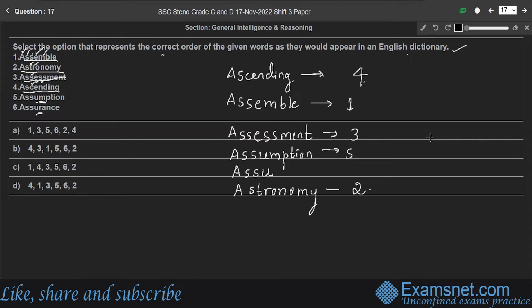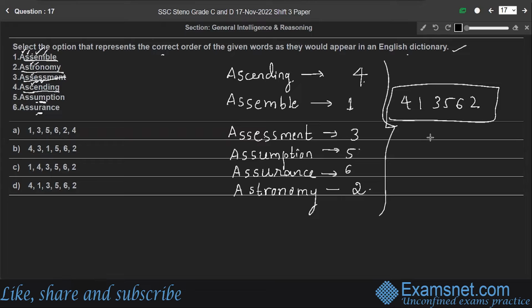So assumption is the fifth one and assurance is the sixth one. Therefore, their order is 4, 1, 3, 5, 6, 2, as they would appear in an English dictionary. Option D is the right answer.